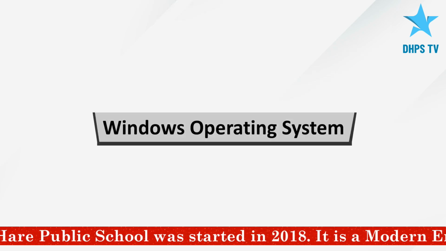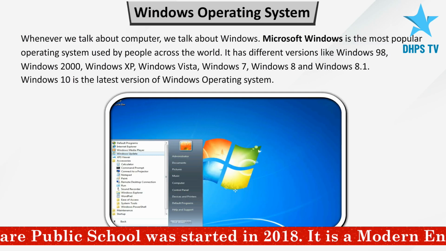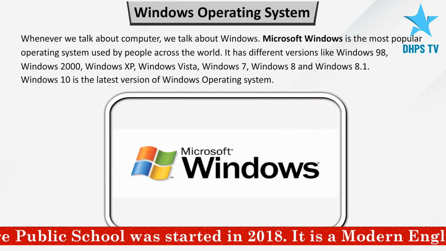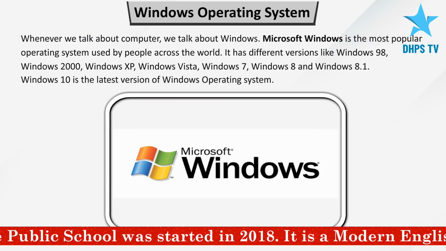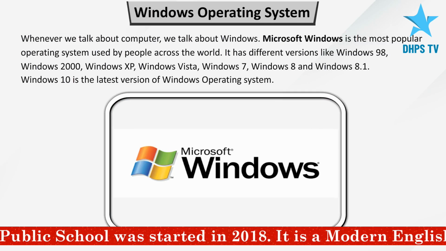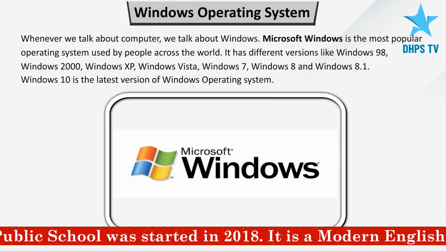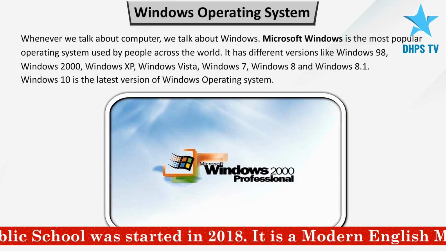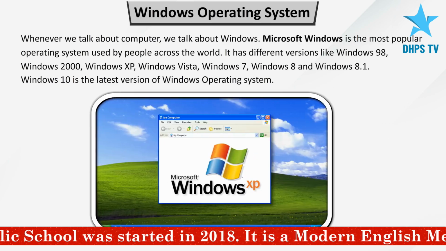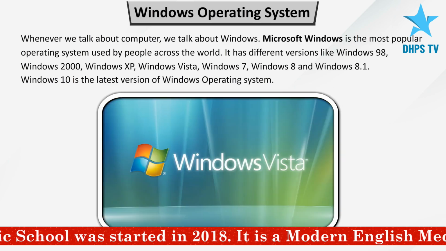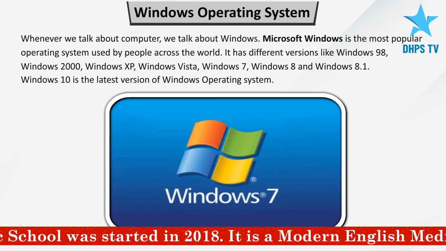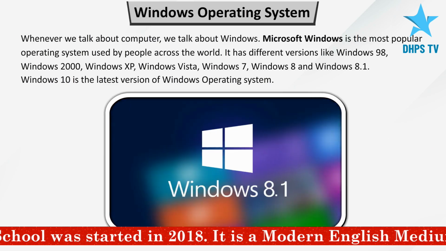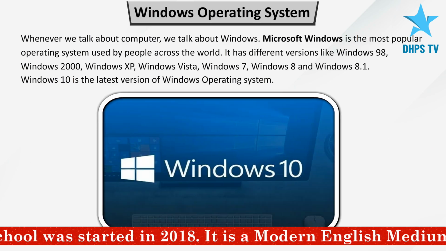Windows operating system. Whenever we talk about computer, we talk about Windows. Microsoft Windows is the most popular operating system used by people across the world. It has different versions like Windows 98, Windows 2000, Windows XP, Windows Vista, Windows 7, Windows 8, and Windows 8.1.